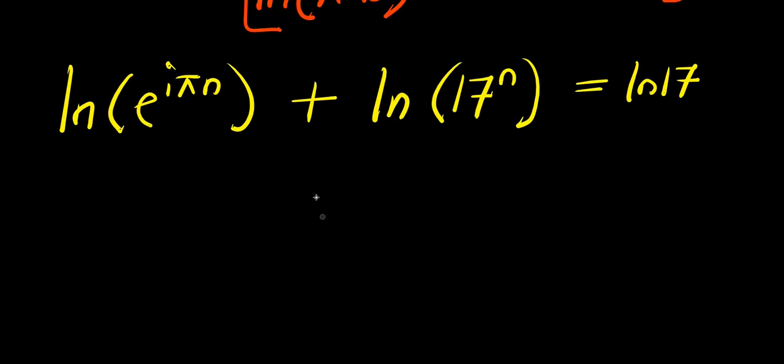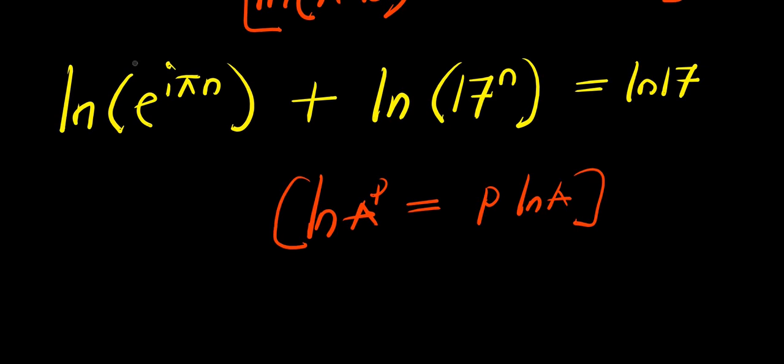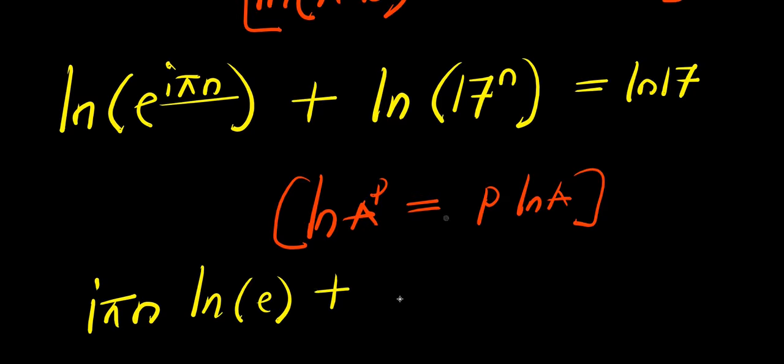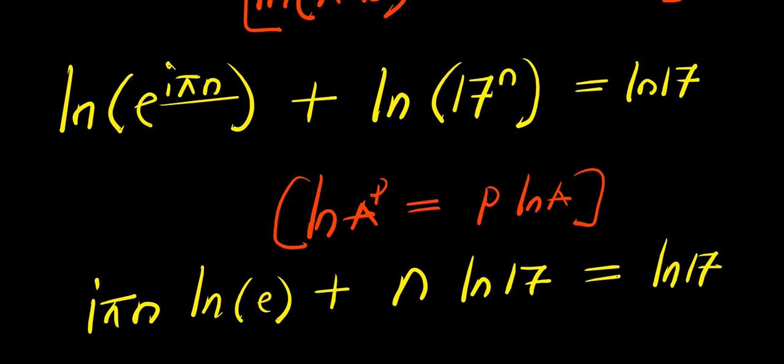From here, if you have natural log of a to the power b, it equals b times natural log a. So we have i times pi n, because this obviously comes behind natural log e, plus the same thing here, and natural log 17 equals natural log 17.